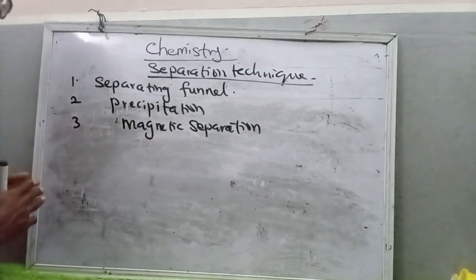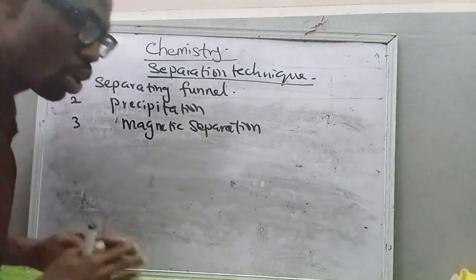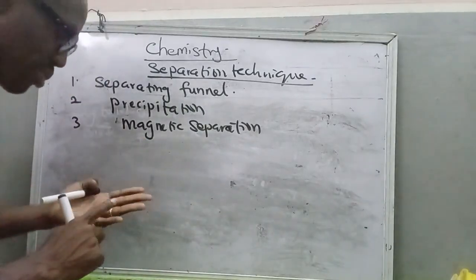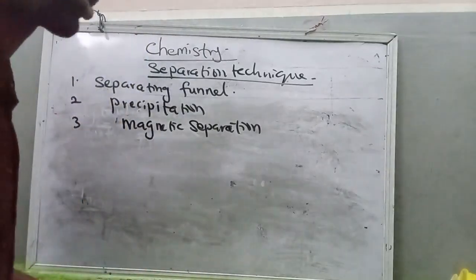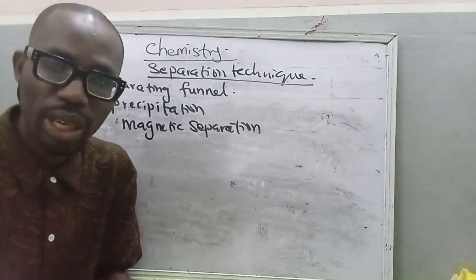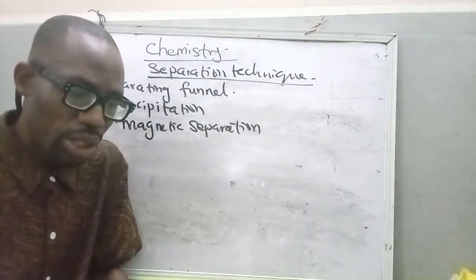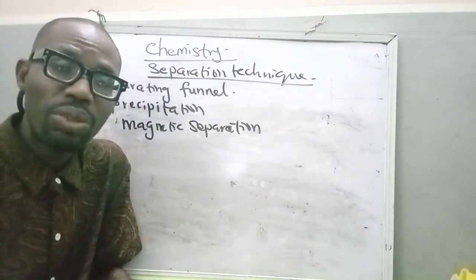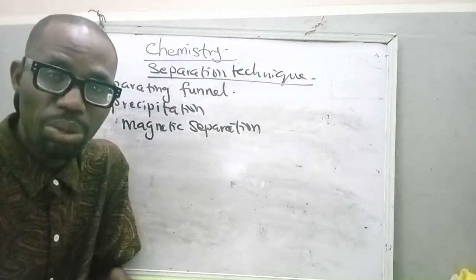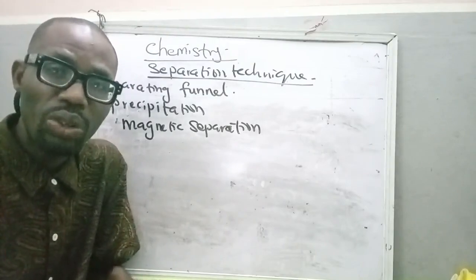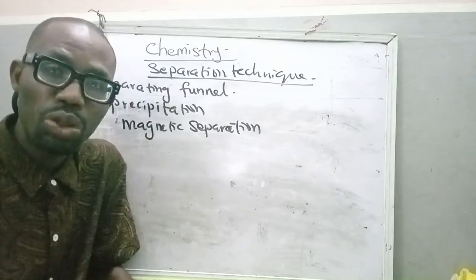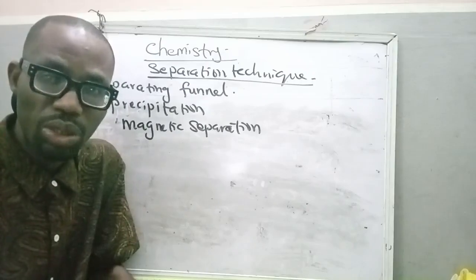in the previous video, we talked about crystallization, and we also talked about fractional crystallization. I told you that crystallization has to do with obtaining solids from a saturated solution. A saturated solution is a solution that contains maximum solutes, more than it can dissolve in a solvent.